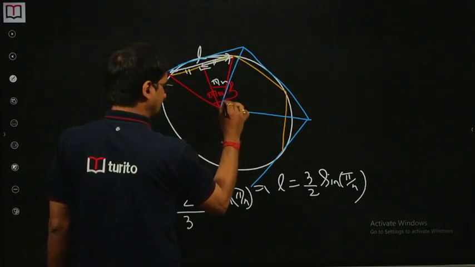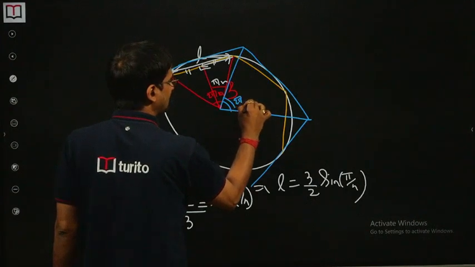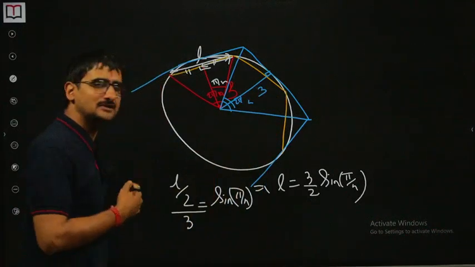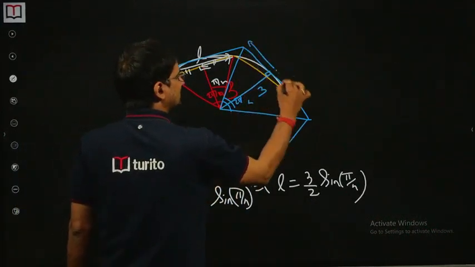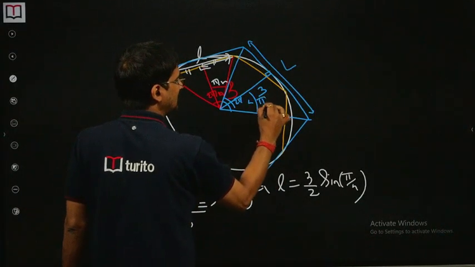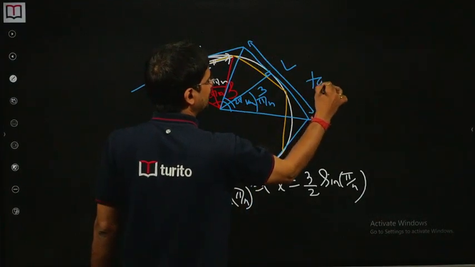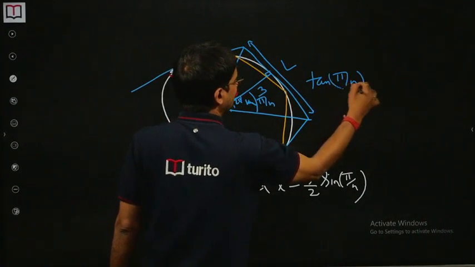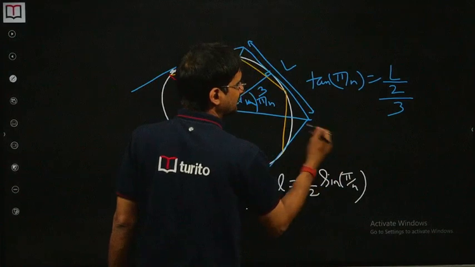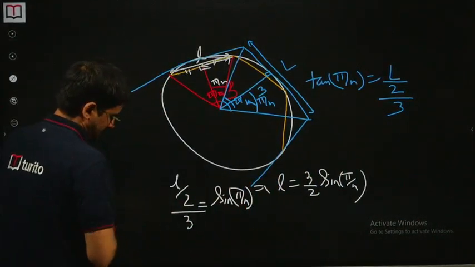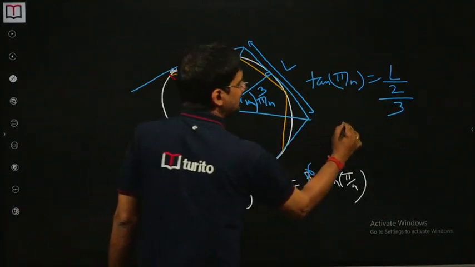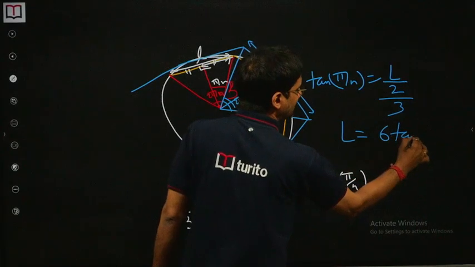It's a regular polygon at the center, so this is again 2 pi by n, and draw this perpendicular, and now this is nothing but the radius itself, 3, and this length is capital L. And this angle is pi by n. So this time applying tan pi by n, which is opposite side, L by 2 by 3, so L is 6 tan pi by n.